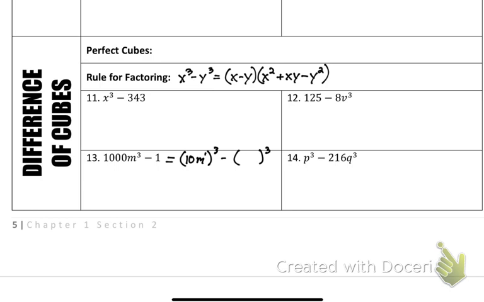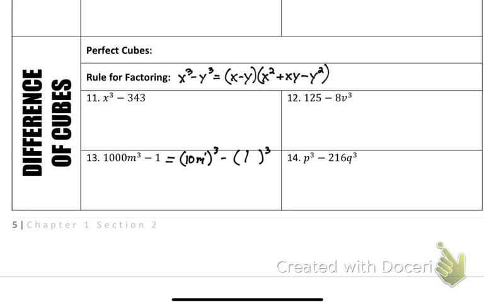M to the first cubed would give me m cubed. This will just be 1 cubed, because what's 1 times 1 times 1? 1. So anytime we have a 1, that just goes in there. So we just have 1 cubed equals this 1.